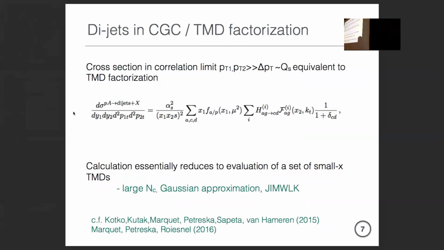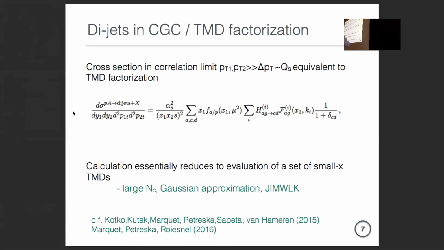Just a couple of kinematic factors, some hard factors, and essentially all the information about the fields of the target is encapsulated in these various small x TMDs. So following the calculation in this correlation limit, it essentially reduces to the evaluation of the set of these small x TMDs, which you can now try to evaluate using various different formulas.